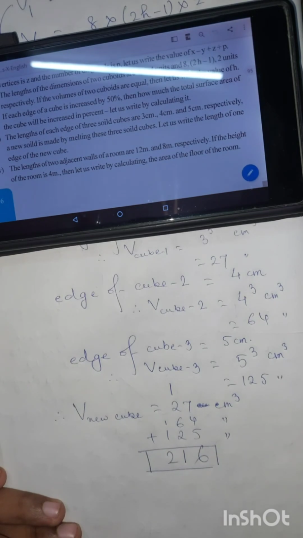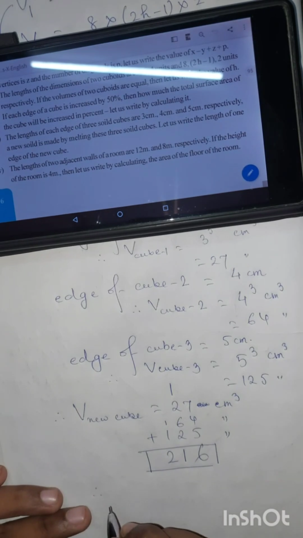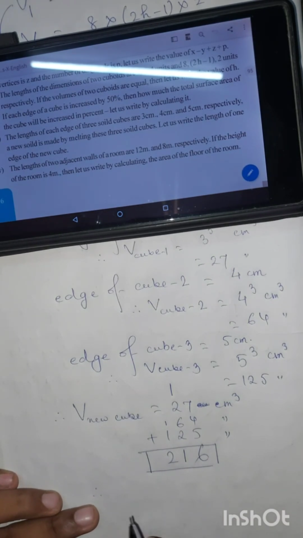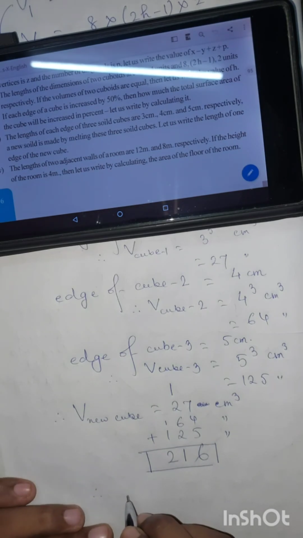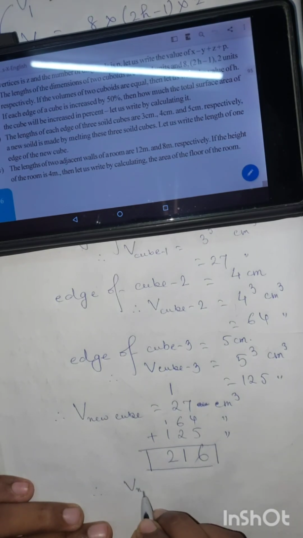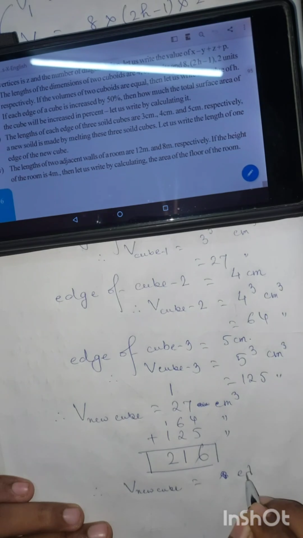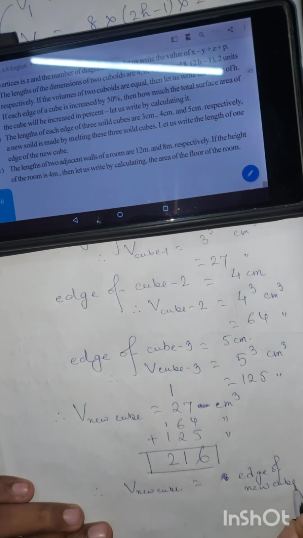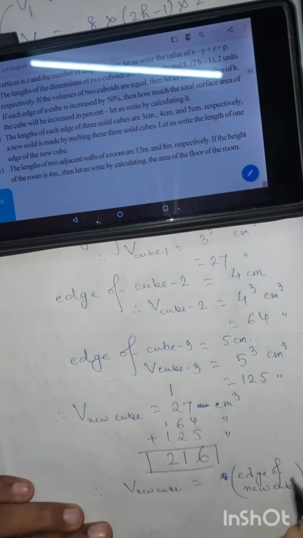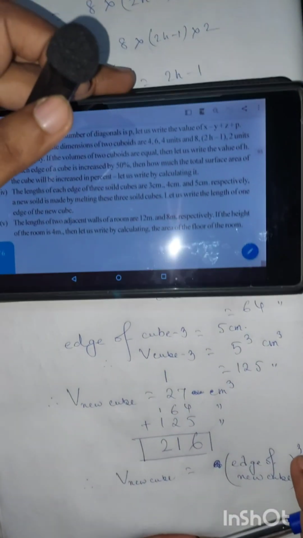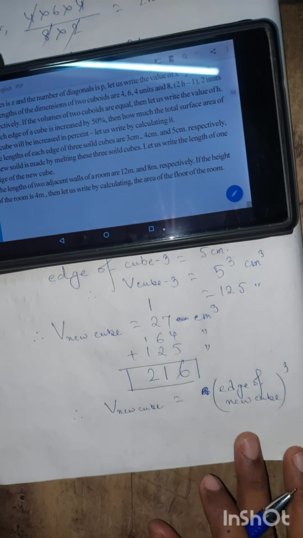Now we are asked to find out the edge of the new cube. Therefore volume of the new cube is equal to edge of new cube to the power 3, because we know volume is equal to side cube.